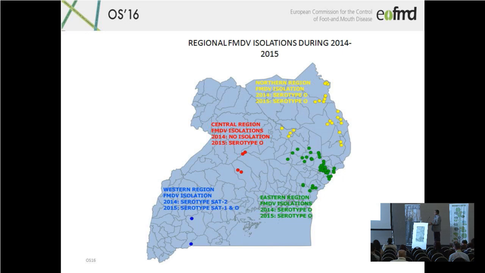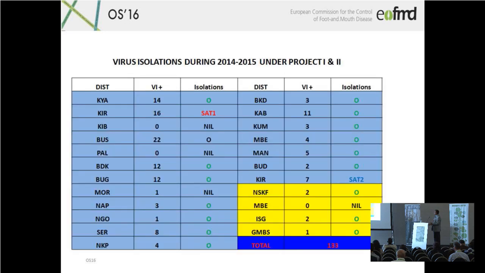In the western region, during 2014, serotype SAT2 was isolated, and in 2015, SAT1 and O were isolated, but there were no SAT2 isolations. In the eastern region, serotype O was isolated during both years.